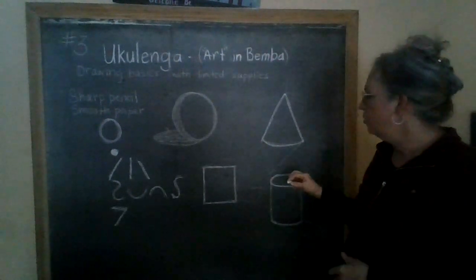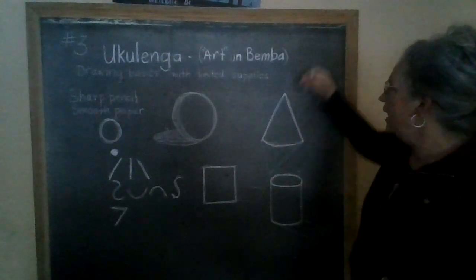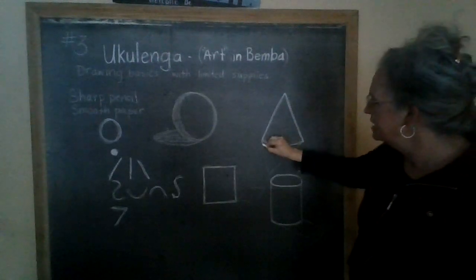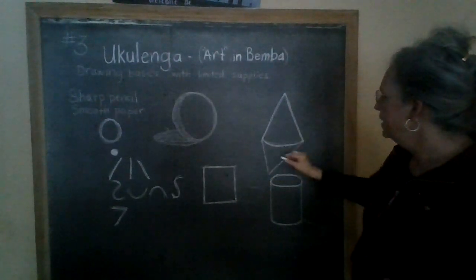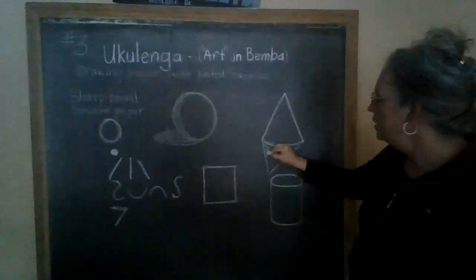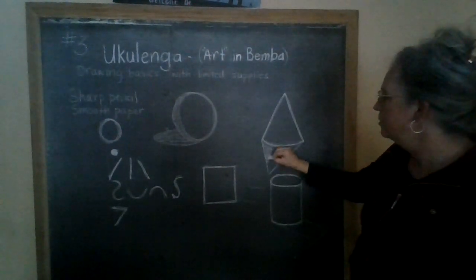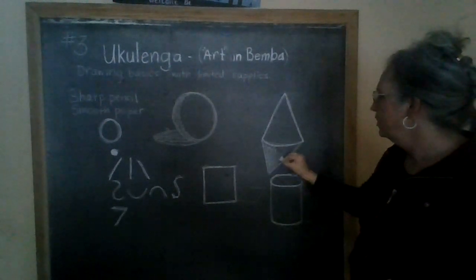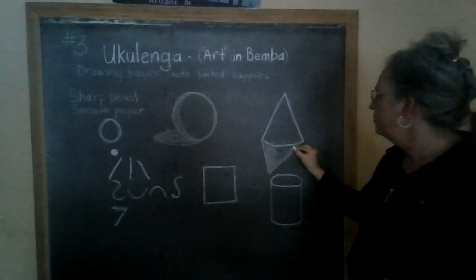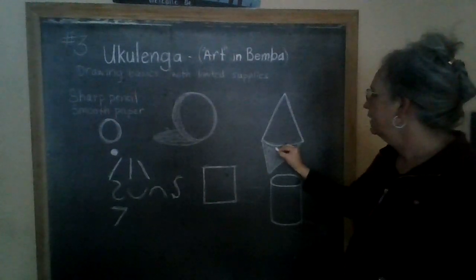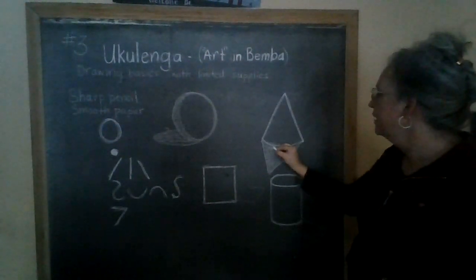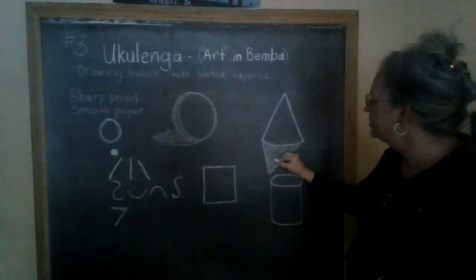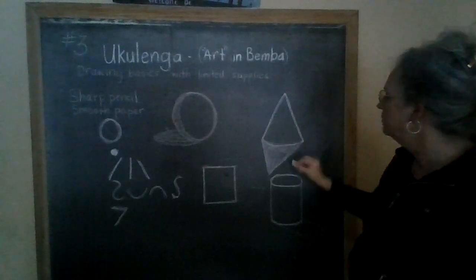Now let's go to the cone. This cone has a light source from behind the cone, and it's casting a shadow in front of the cone. So we're going to fill that in with our tapered stroke, and we're going to see how, I'm so sorry, this is a cone. We're going to see how we can make this triangle look like a cone.